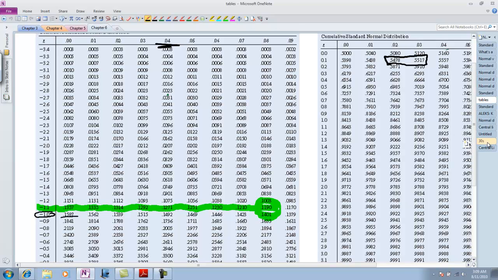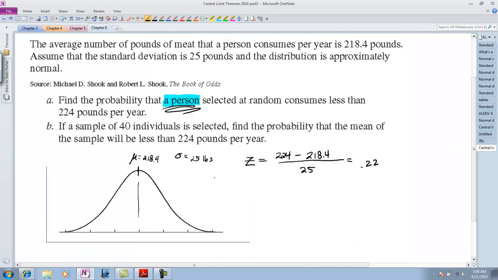But before we do, we need to know a little something more. It's clearly to the right of the mean, but we could tell that just by looking at 224. But they want to know, what is the probability that a person selected at random consumes less? They want the lesser side.